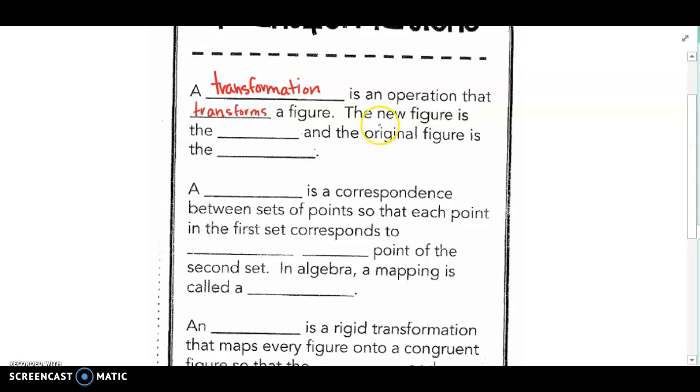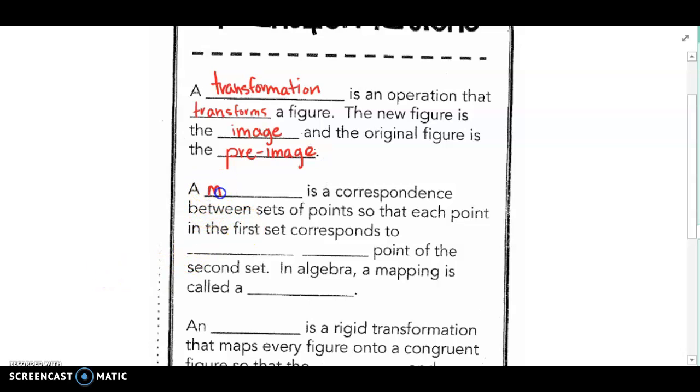Think of it like you're changing it in some way. That's what is meant by transform. When you're done transforming the figure, we call that the image, and the original figure is the pre-image. The pre-image always comes before the image.